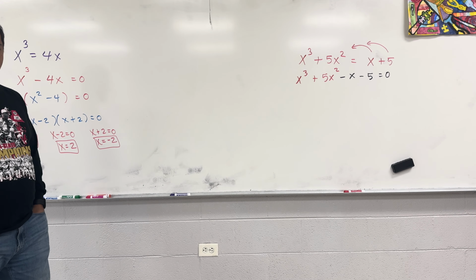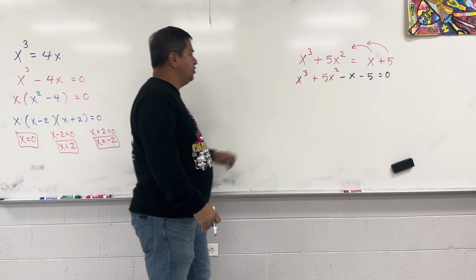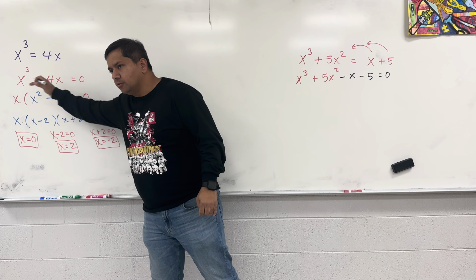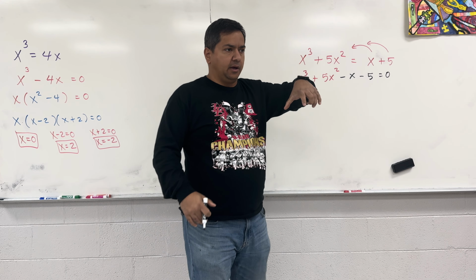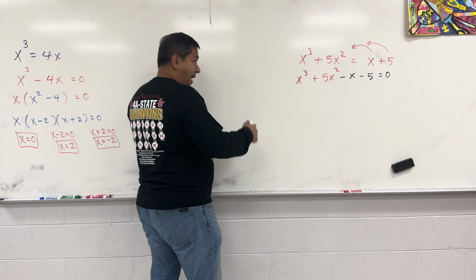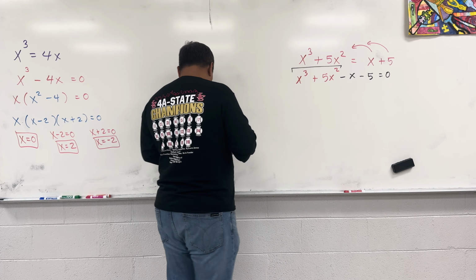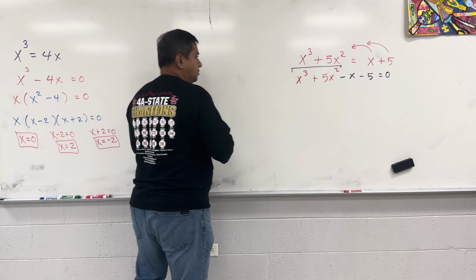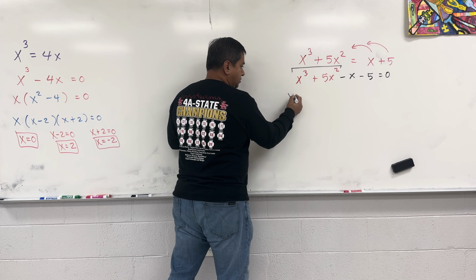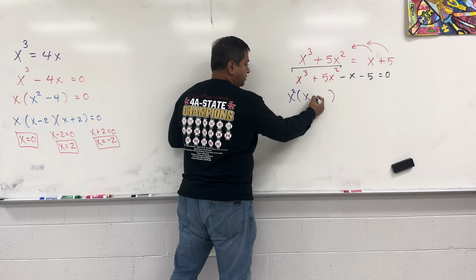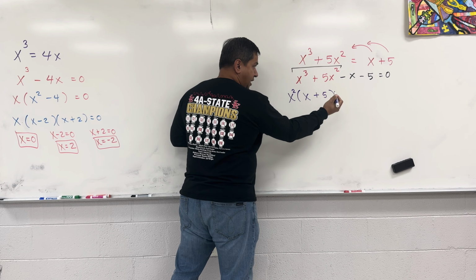Is that fine? All right, so when you have 4 terms, or 2 terms, we do grouping, right? Factor by grouping. So take the first 2. What comes out from the first 2? x squared. Nice. And that leaves me with x plus 5.